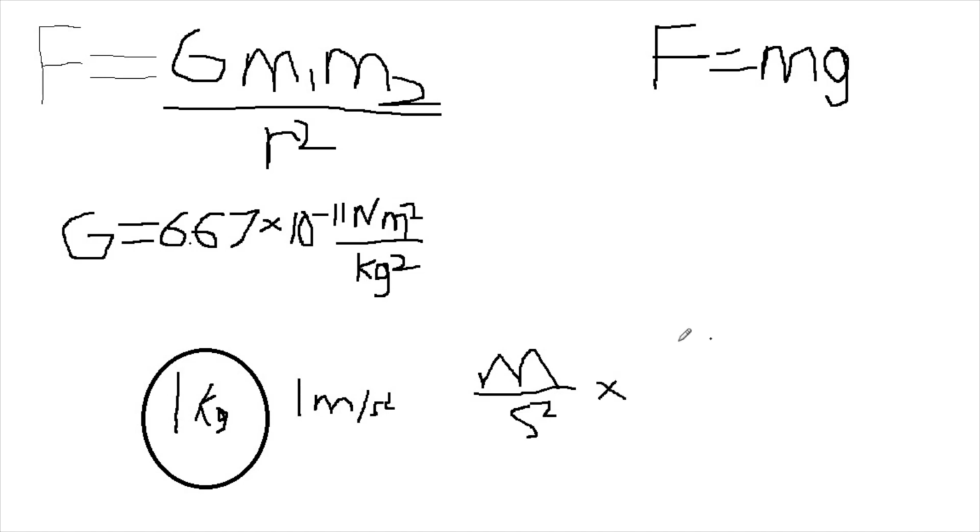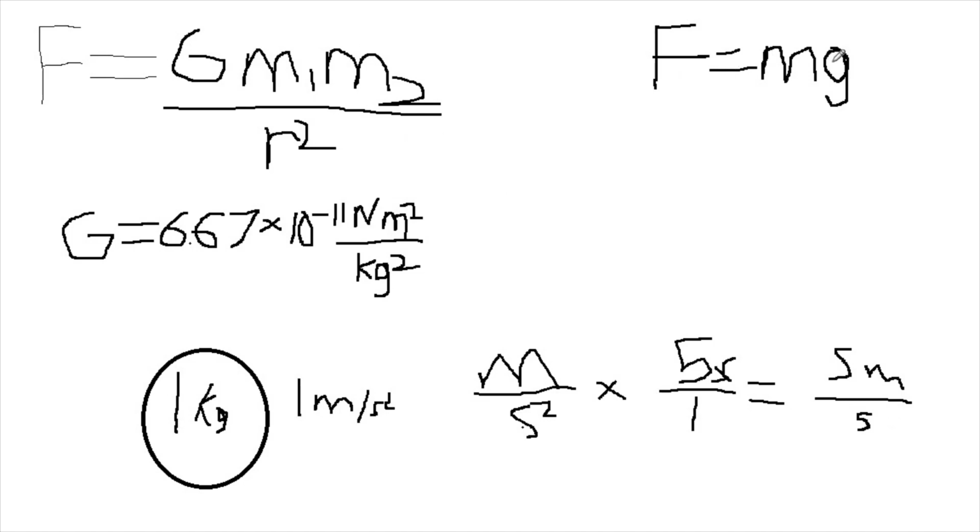You multiply it by 5 seconds. This crosses off, this just becomes seconds, and so you get 5 meters per second. And that is assuming that the force is constant, so 1 Newton, within 5 seconds, the velocity will be 5 meters per second.